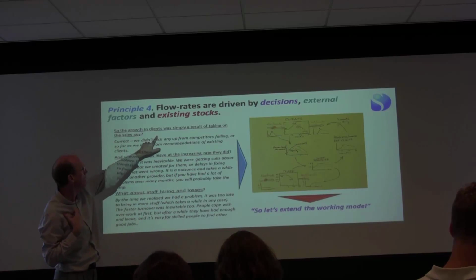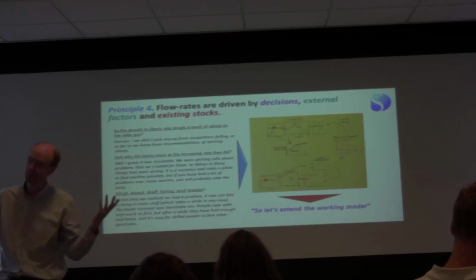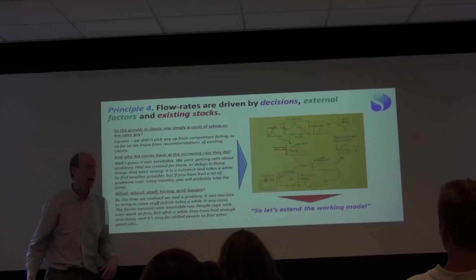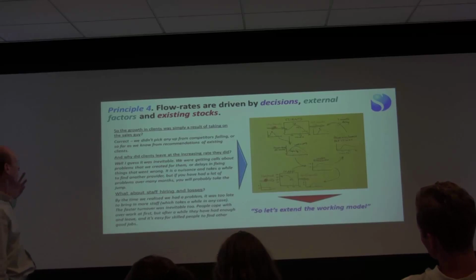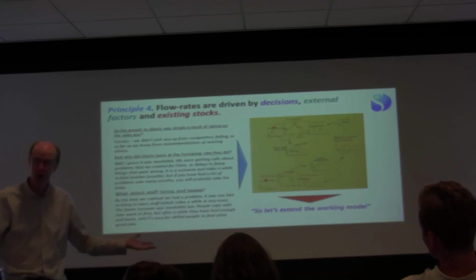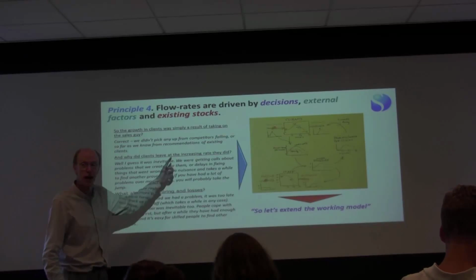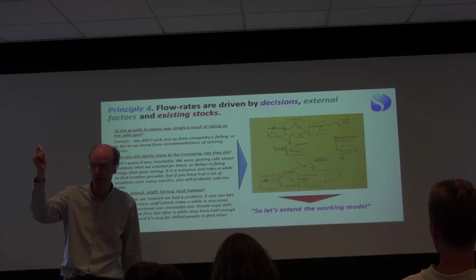So the growth in clients was simply a result of taking on the sales guy, was it? Correct. We didn't pick up any from competitors failing. We don't think we got any clients because other clients recommended them. We did take on a sales guy, and the sales guy came back with new clients.